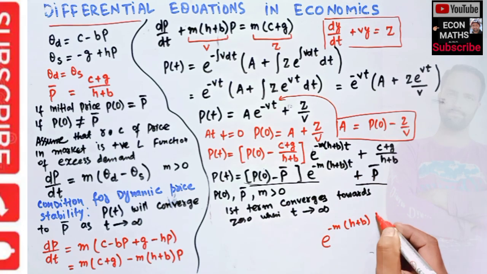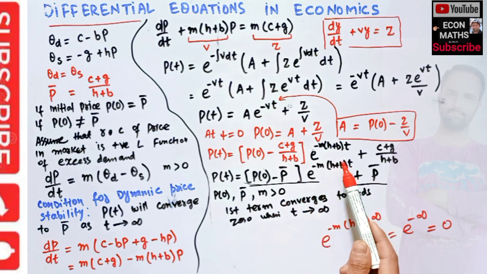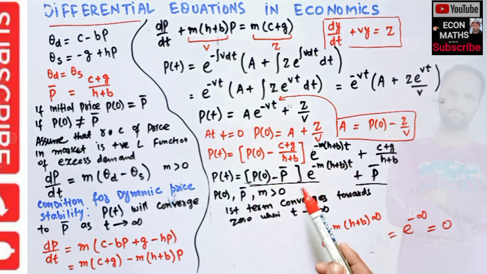So if it is infinity here, it will become e raised to the power minus infinity, and e raised to the power minus infinity is equal to 0. That means the first term will converge towards 0 as t tends to infinity. Then this first term on the RHS will be equal to 0.